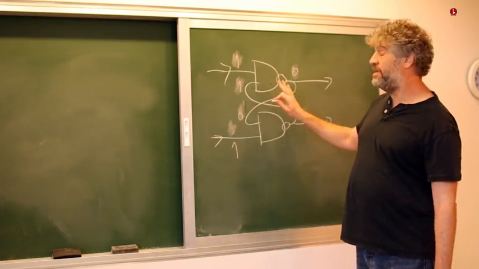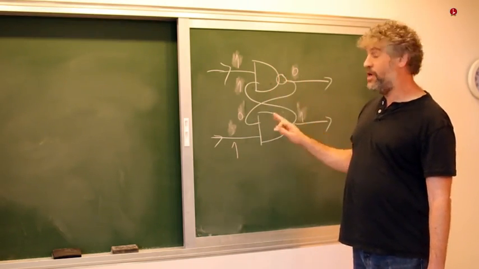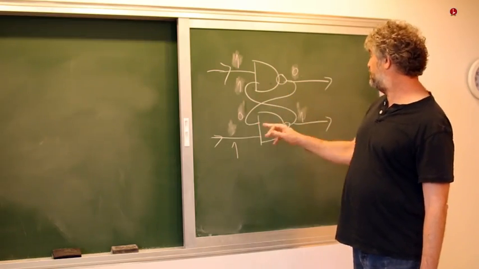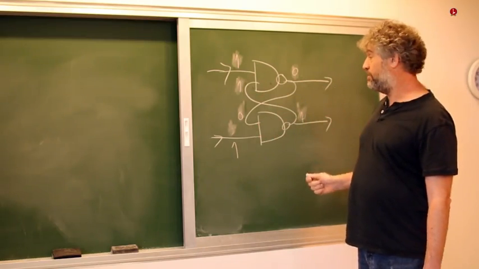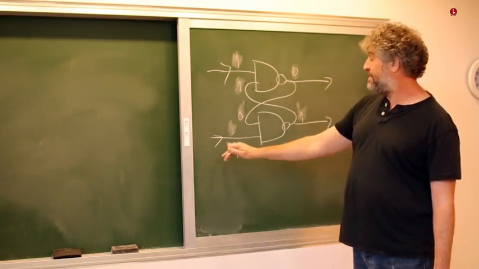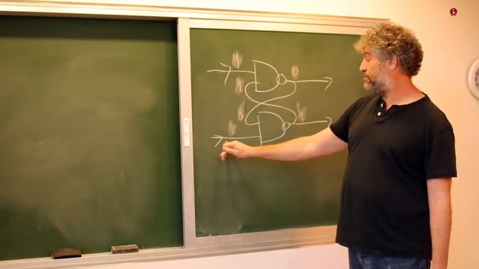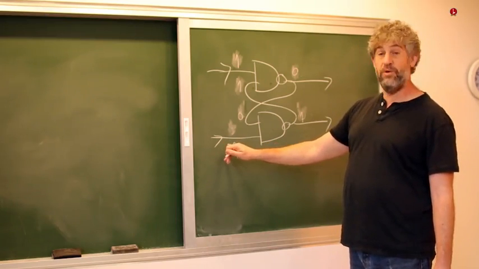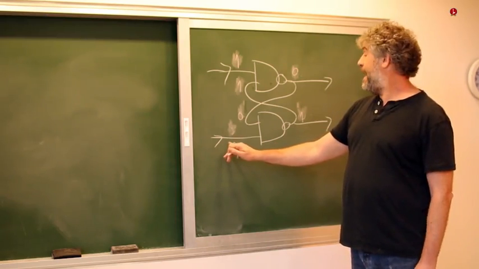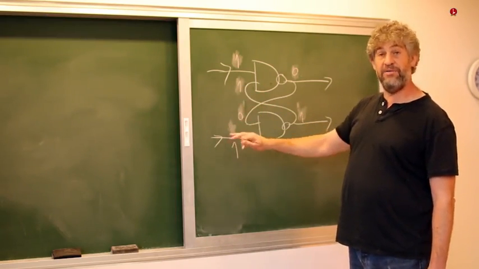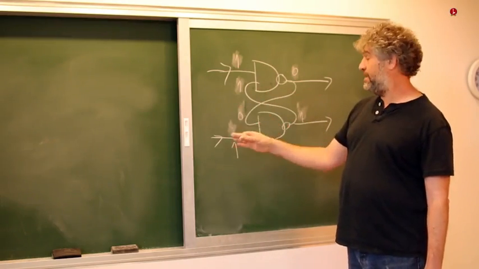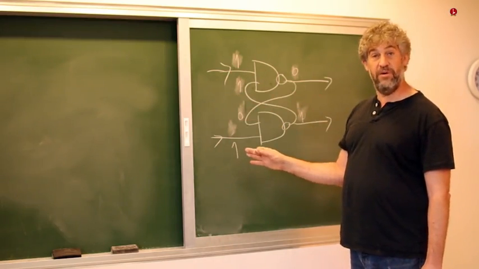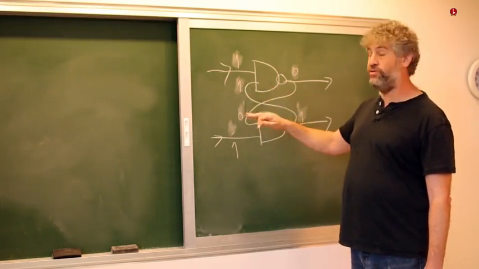So everything is completely stable in this new situation, which is different than the previous one, because now we have 0 here and 1 here, while previously we had the opposite values. So now we remember that the last input that went down to 0 was the bottom one. And this kind of behavior allows this loop, basically, to remember the last input wire that went to 0, and it's stable in each of two different situations.